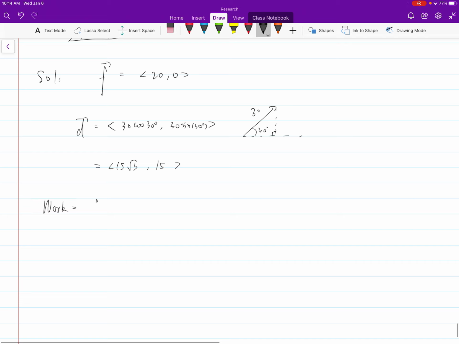So the total work is 20 times 15 square root of 3, plus 0 times 15.